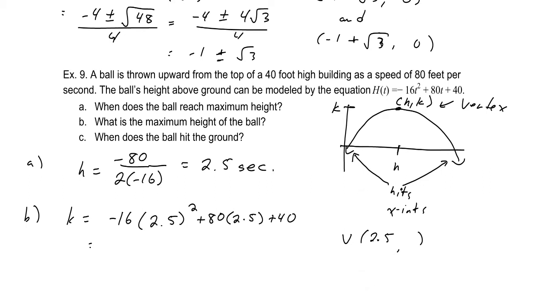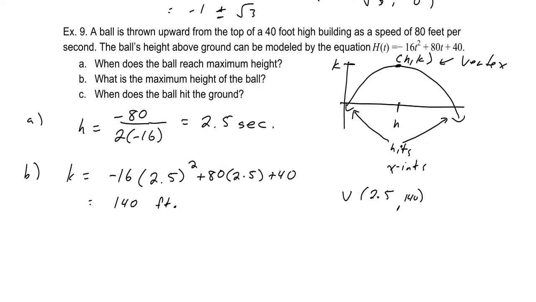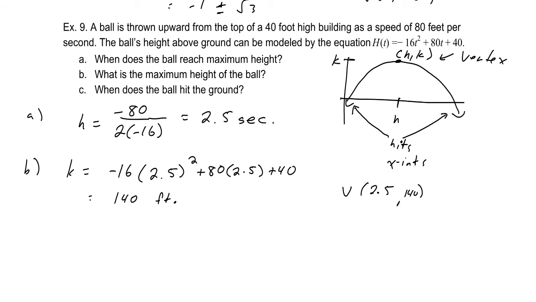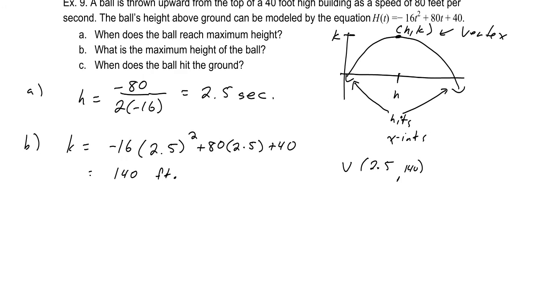Evaluating that, we get 140. So our vertex is at the point 2.5, 140. Now that is the maximum height, and this was all in feet based on our units, so the maximum height is 140 feet. Now when does it hit the ground?